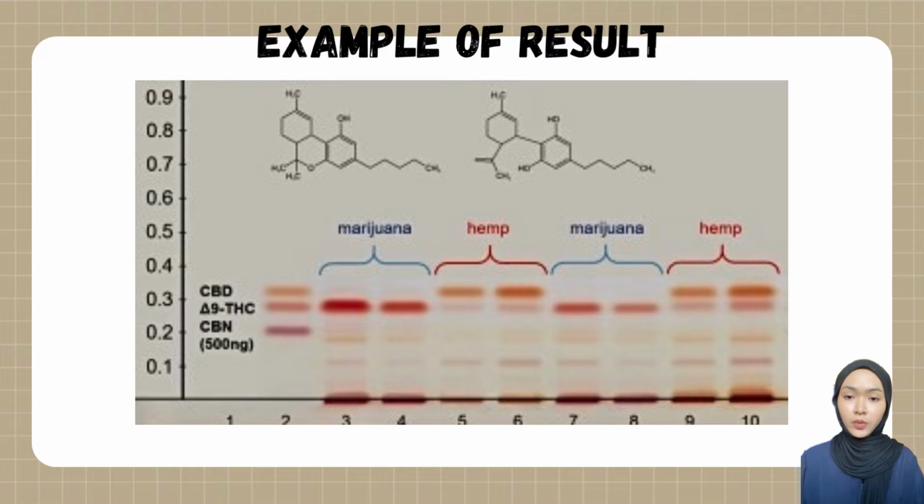From the diagram, we can observe that the marijuana lane shows a spot matching THC while the hemp lane matches CBD. This separation happens because CBD and THC have slightly different polarities, so they travel different distances on the plate. This TLC setup helps to visually distinguish the chemical content of each extract, clearly showing that hemp contains CBD and marijuana contains THC. It's a simple and effective method for comparing two similar plant extracts using just one plate.